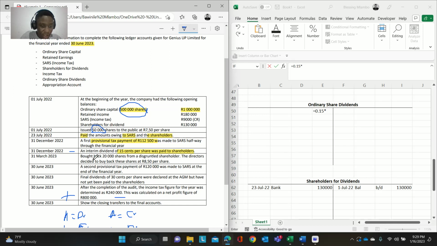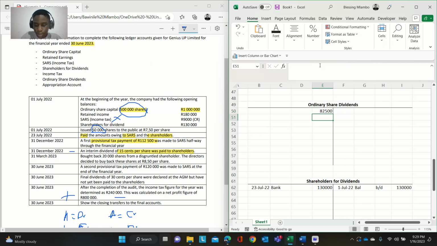So on this day, the company will pay a dividend of 15 cents per share on these shares, and we credit bank because we've paid this amount. It's not a liability because we've paid it. Shareholders for dividends won't be affected because we declared and paid this dividend on the same day, right?